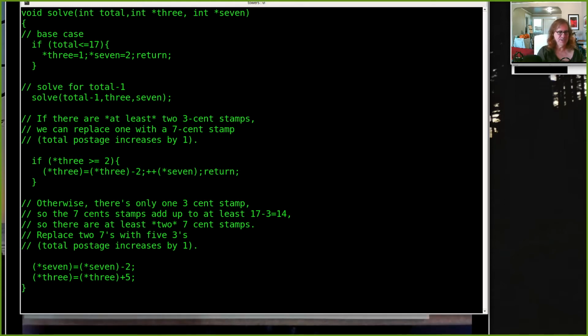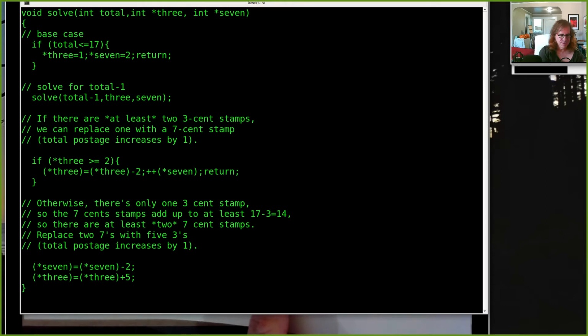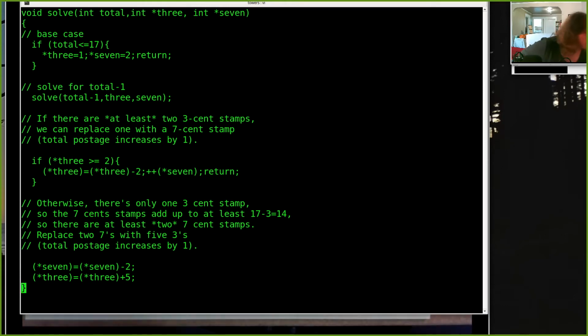There's a 2-word answer. Anybody want to venture a 2-word answer for how to prove that the solve function is correct? Mathematical induction, perfect.